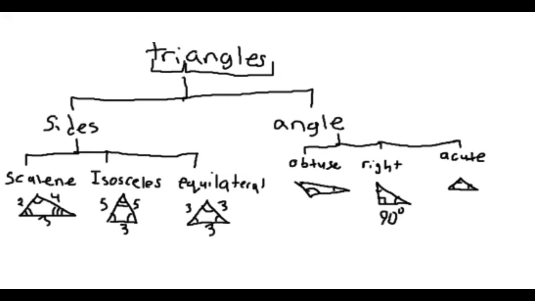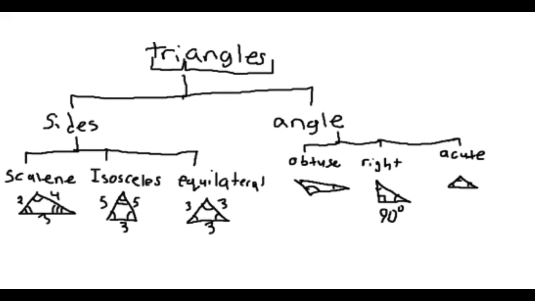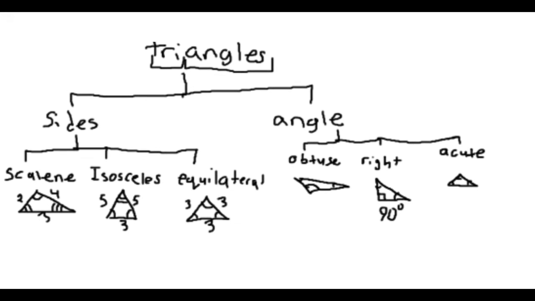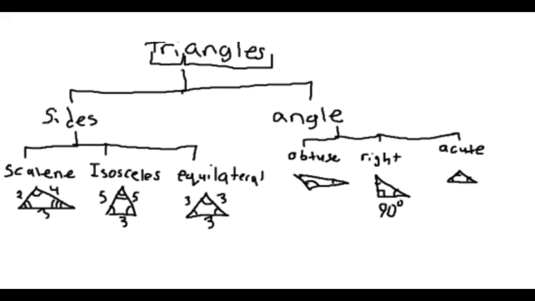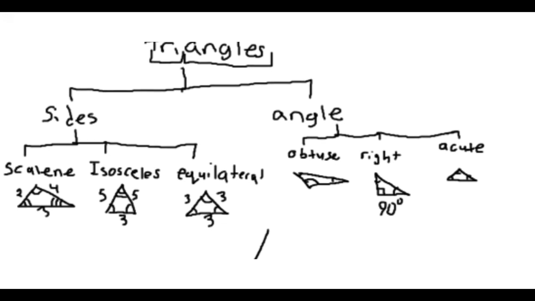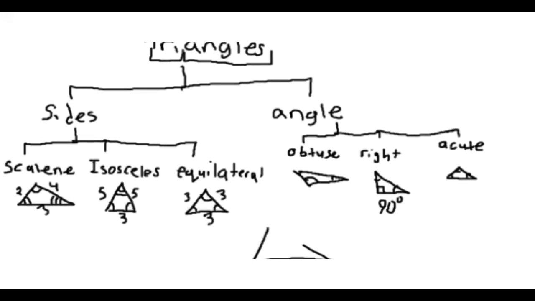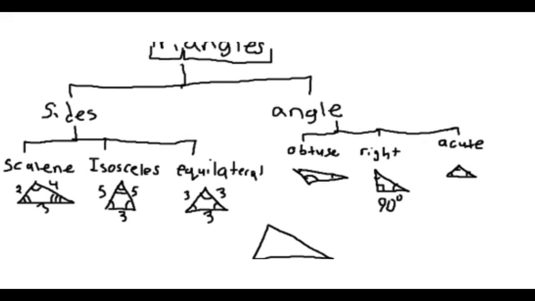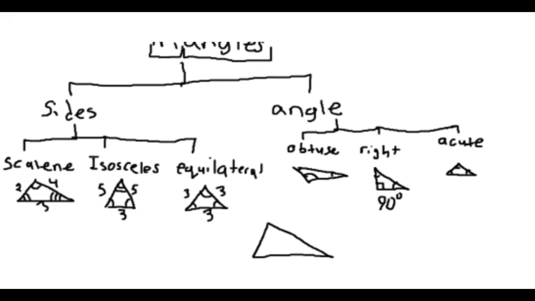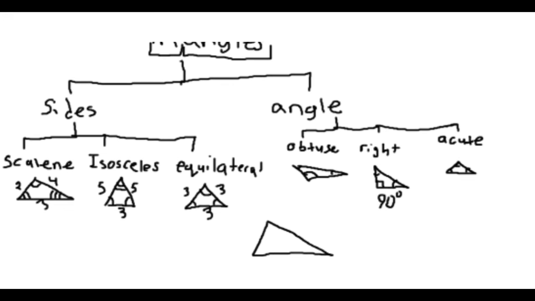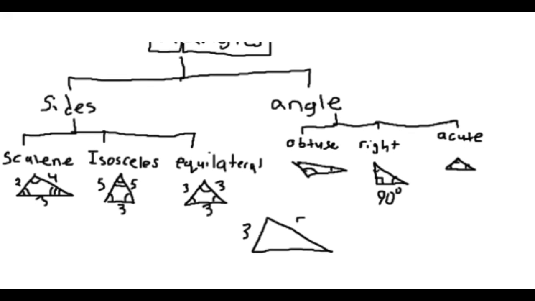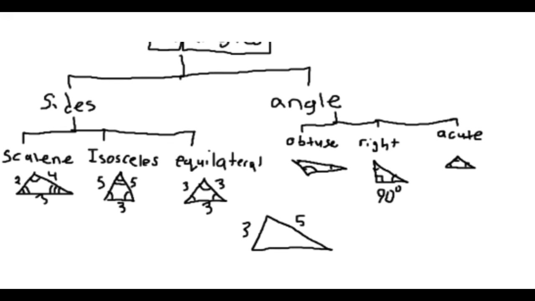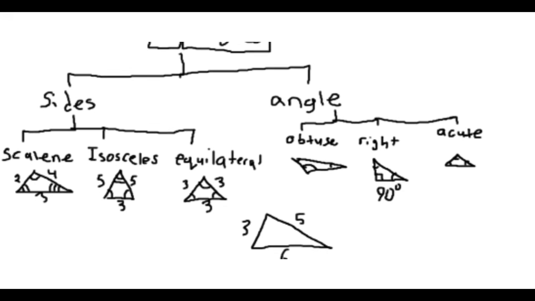The only other property you'll need to know for this exam for triangles is that the sum of all angles inside of the triangle will always be 180 degrees. So let's say I have a triangle, and first let's classify this. Let's say this is 3, this is 5, and this has a length of 6.